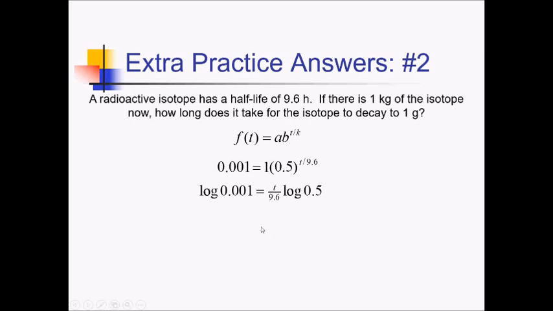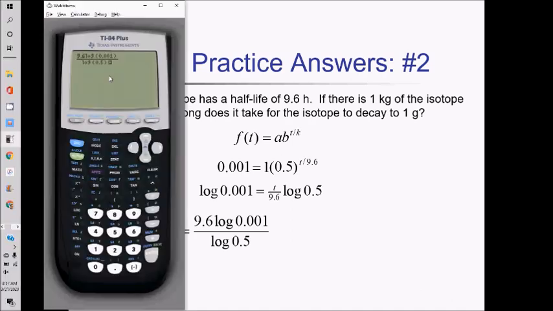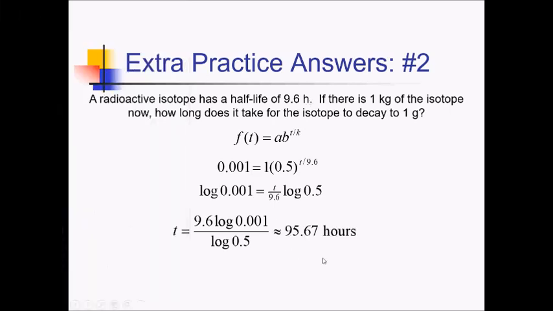And at this point, it's just a matter of isolating T. I can do that by multiplying by 9.6 times log of 0.001, which, yes, I know that's really -3 because this is log base 10, but there's no need to really write that if I'm going to do it all on the calculator anyway. Next, let me divide by log of 0.5. Plugging all of that in gives me a time value of about 95.67. Since my half-life was in hours, this is 95.67 hours.